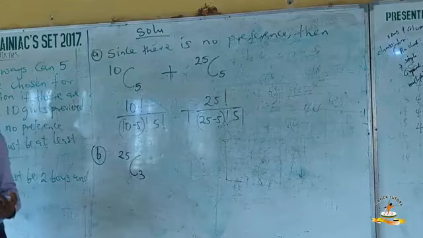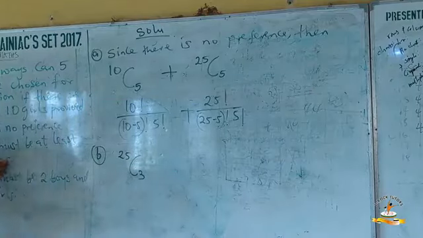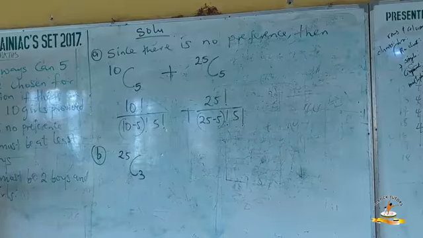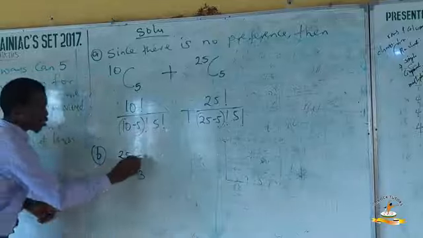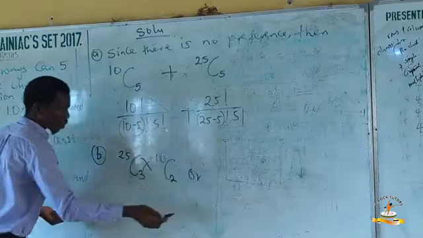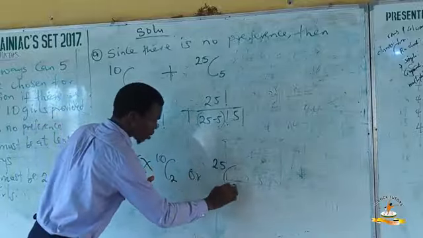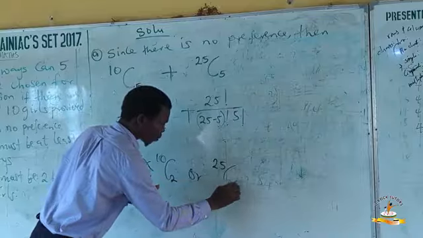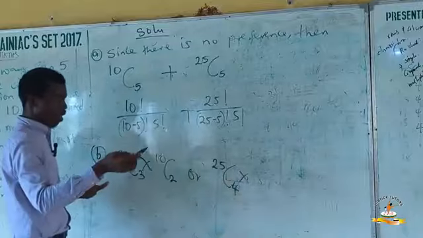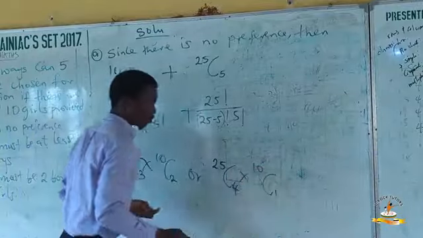How many girls? If it says at least 3 boys, obviously the remaining will be girls, since we need 5 people. Is that fine? And 2 girls, or 4 boys, 25 combination 4, and how many girls? 1. 10 combination 1.